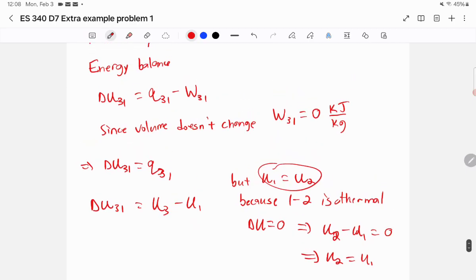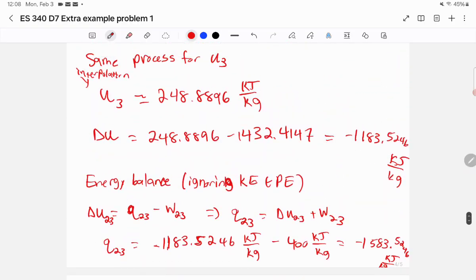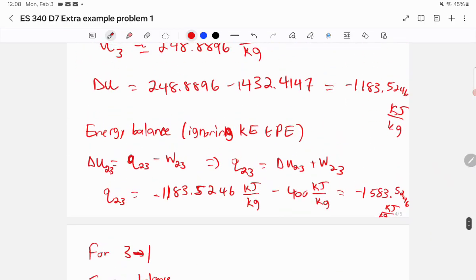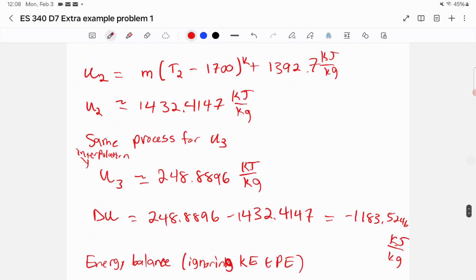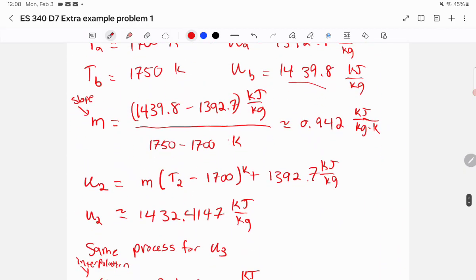So we already know both of those values. We had U2, we had U3, and we had U2.